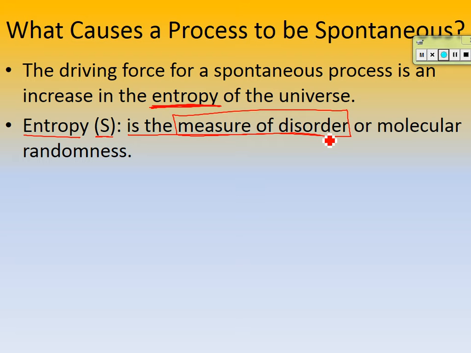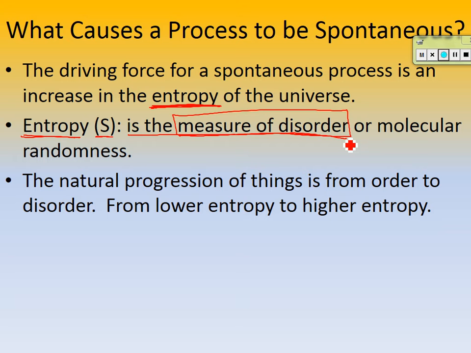Measure of disorder. So if entropy increases, we get more disordered. If entropy decreases, you get more ordered. Okay, so think of it in these terms. Entropy is the measure of disorder.